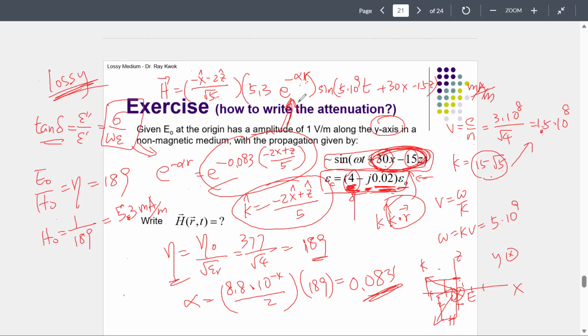Then look up the formula. All you have to do is calculate alpha, the attenuation. So you calculate alpha, and the rest is the same. You just use the 3 rules to construct the H field: the direction, the amplitude, the wave. And the only term you have to add is this attenuation term. The alpha is what you calculate, and this R is your K hat without the hat.